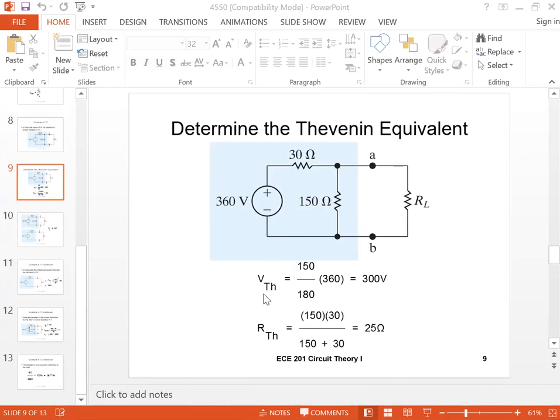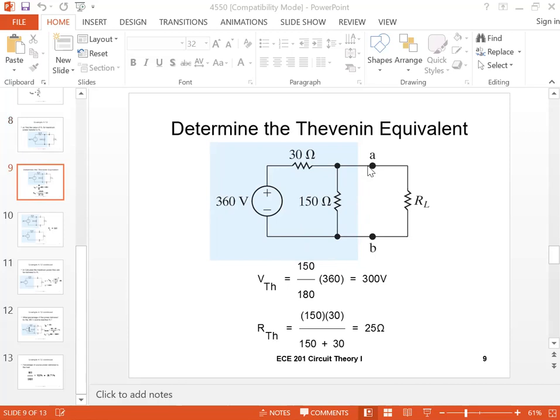If we calculate VTH, it is equal to 150 divided by total R, by the voltage divider rule, multiplied by 360 volt. So this is the voltage divider rule, 360 volt, which is VTH, and RTH is found by removing this RL.